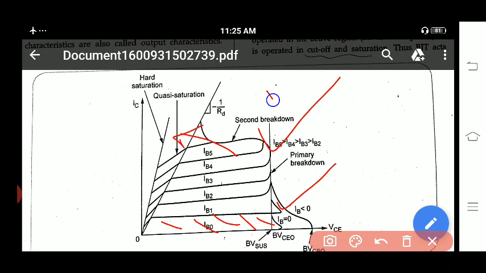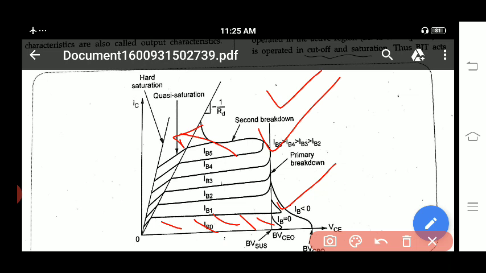Usually in the active region it works like an amplifier. In the saturation region it starts to work like an on and off switch. But in our power electronics applications we use this BJT only as an on and off switch, so we are not worrying about the active region. We are not interested in the amplification section.